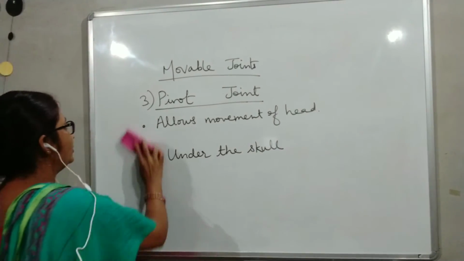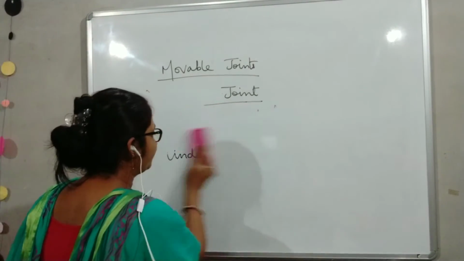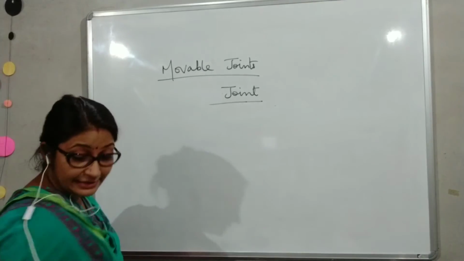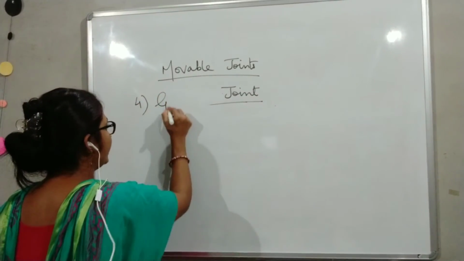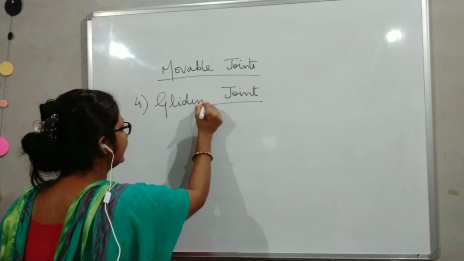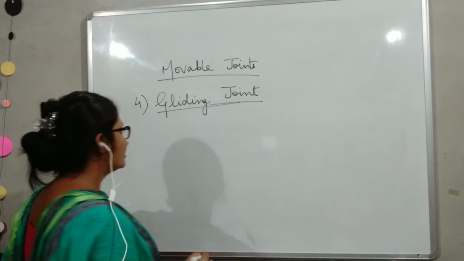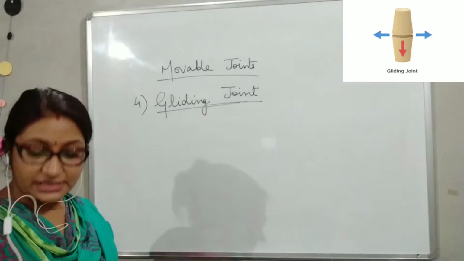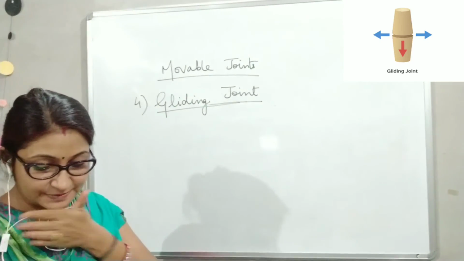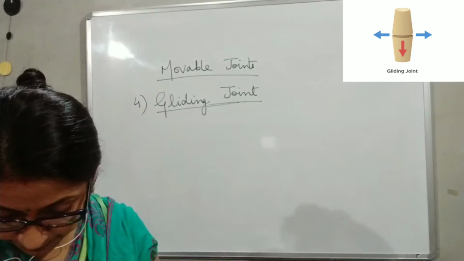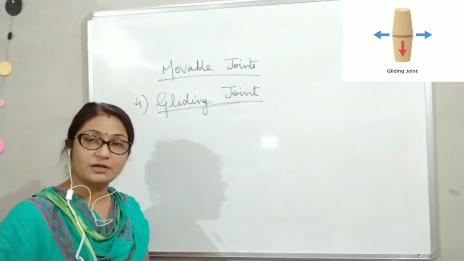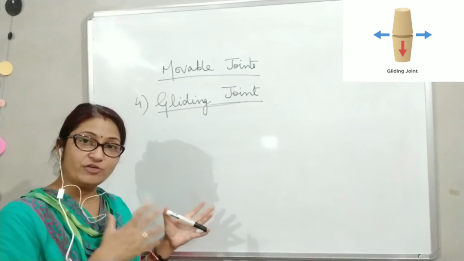And moving on to the last joint, your gliding joint. The fourth joint is known as the gliding joint. First, let's see what kind of movement it provides.